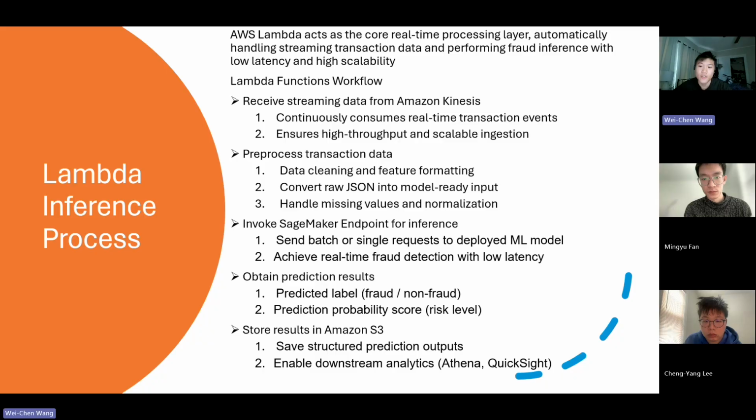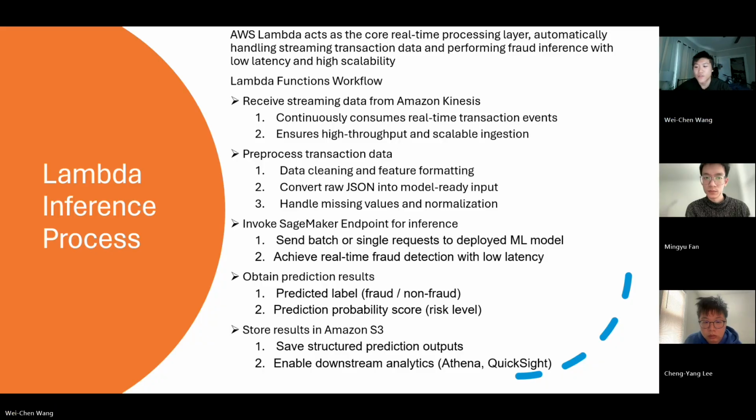So, AWS Lambda is the core of our real-time processing layer, offering the advantages of low latency and high scalability. Our Lambda function workflow consists of the following four key steps. Data ingestion. Continuously consume transaction events from Kinesis to ensure high-throughput data ingestion.